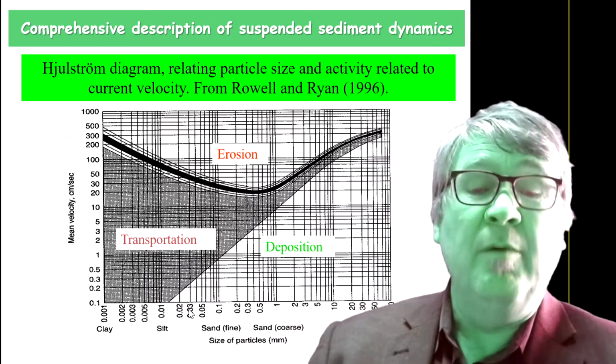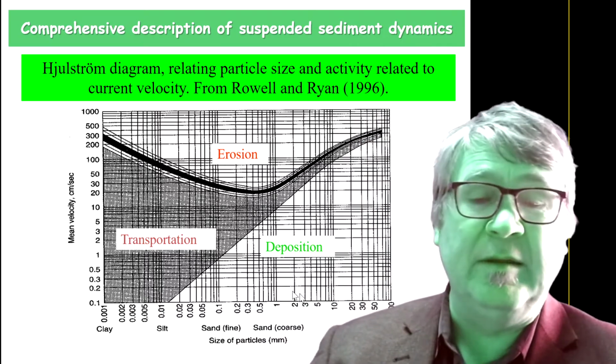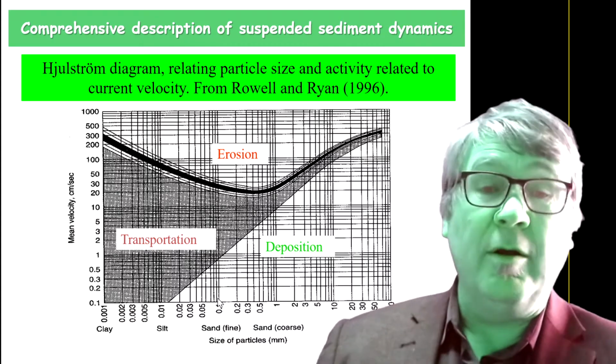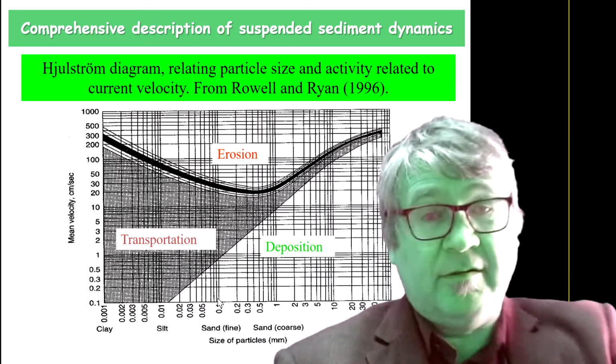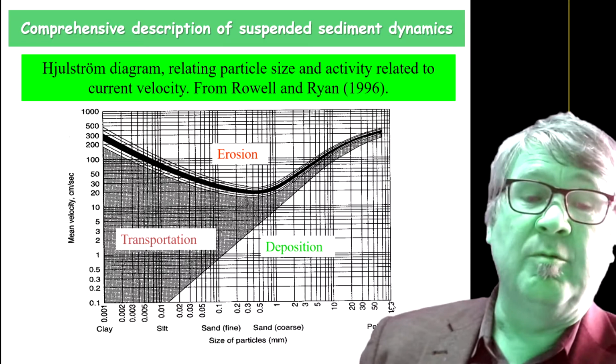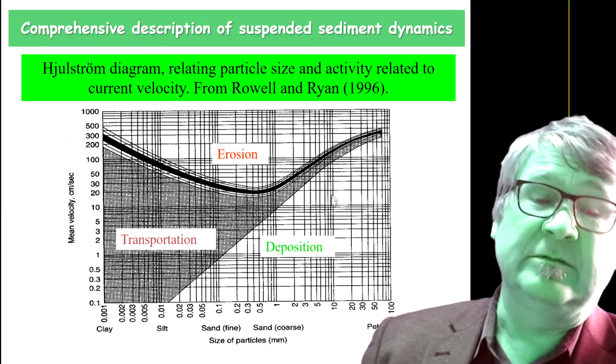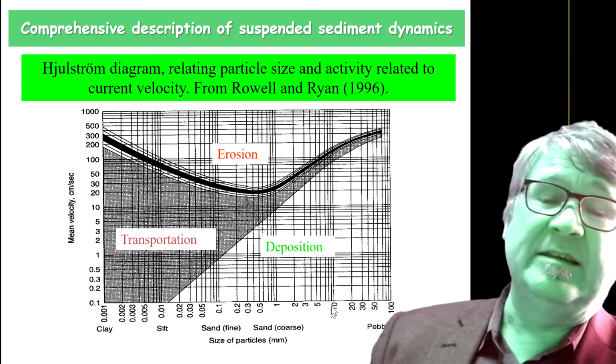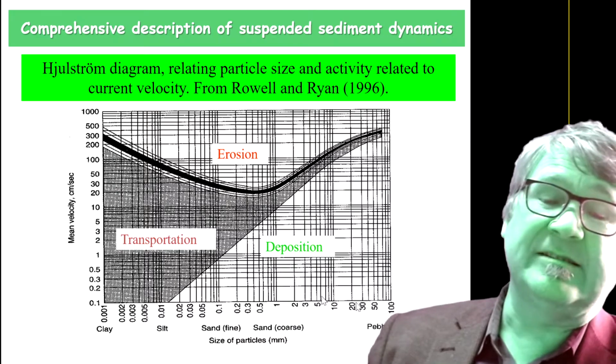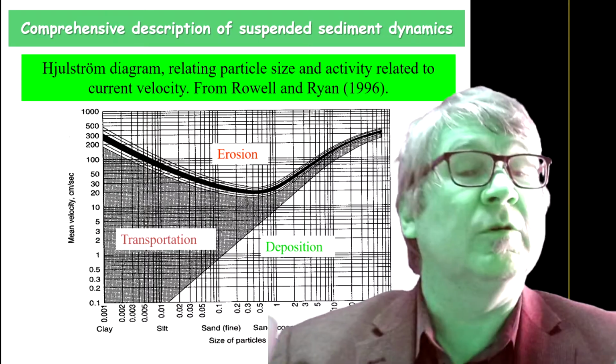Sand is 0.1 of a millimeter to 1 millimeter, or pebbles. Indeed, pebbles you can throw into the water. We have sizes of 1 centimeter plus. Yeah? So this is what's done here.